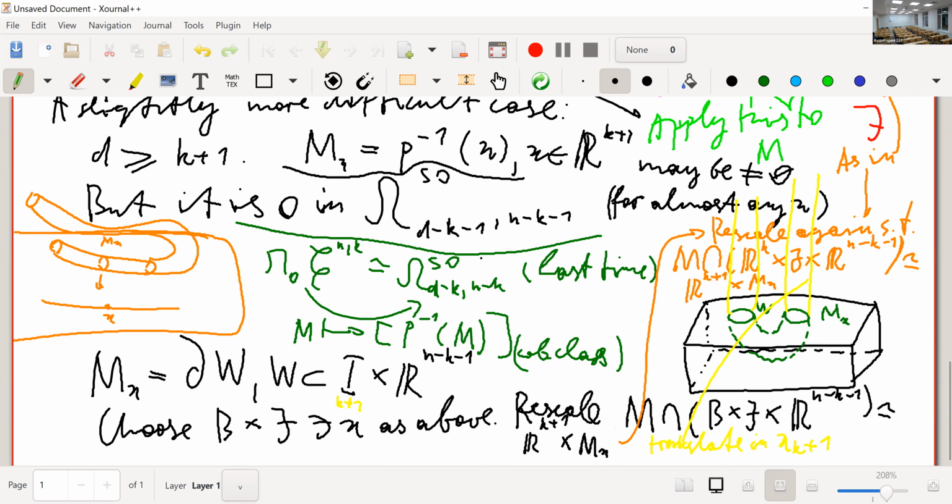Okay, let me take Mx and attach Mx cross... this yellow thing is Mx cross... I don't know. No, well, it's the other way around.